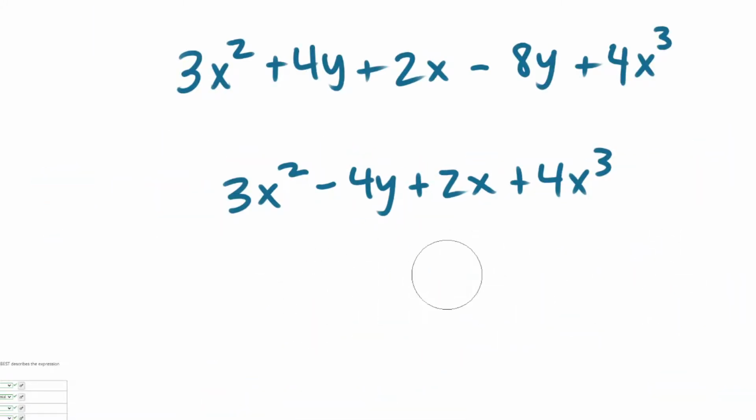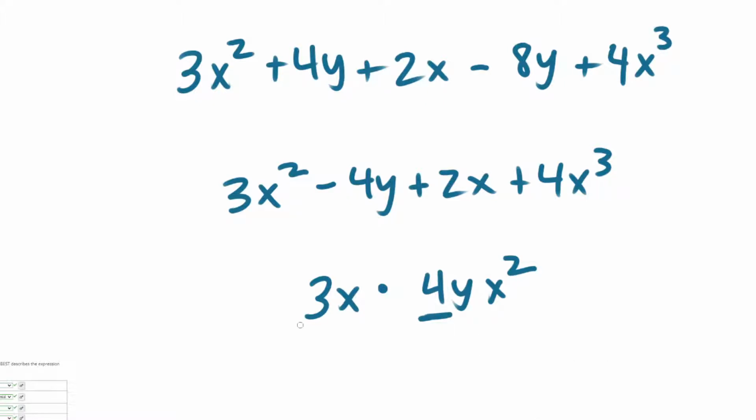Another thing to know, you can also multiply different terms. So you could have 3x times 4y x squared, and you could multiply these terms together. First, you'd look at the coefficients. Coefficients are the numbers connected to our variables.